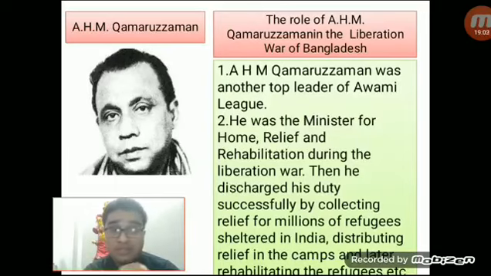So it was a very difficult task to provide food, shelter, and medical care to 1 crore refugees. And this man played a great role in managing funds and providing food, shelter, and medical care to 1 crore refugees.